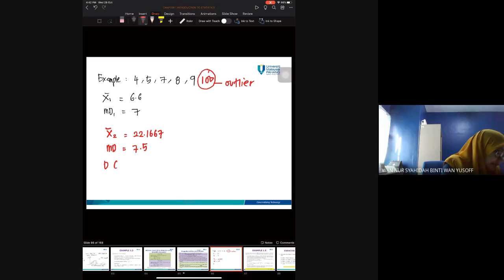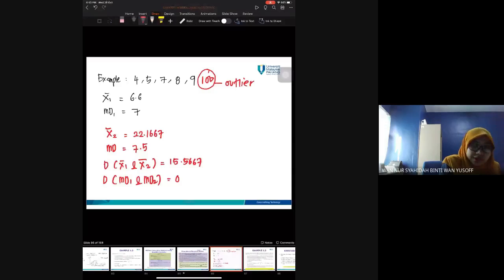The difference of the mean S bar 1 and S bar 2: 22.67 minus 6, so we have about 15.667 difference. The difference of median 1 and median 2 is only 0.5.